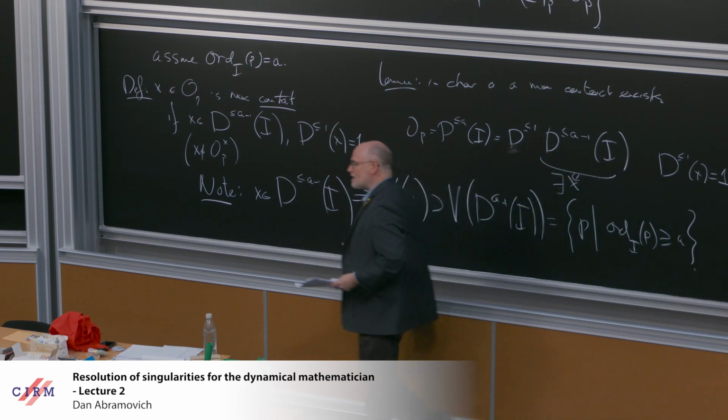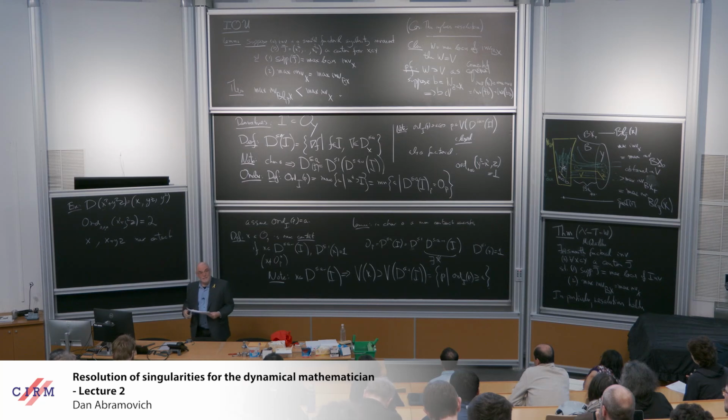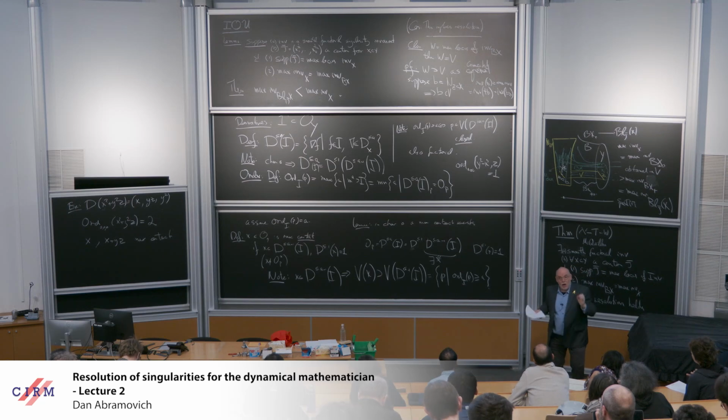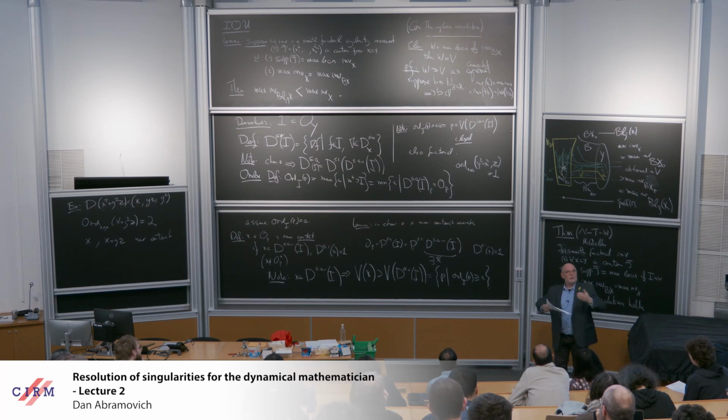Since maximal order is A, if you still think about order as a first approximation for a singularity invariant, a maximal contact element is a good candidate to work with inductively because it contains the worst locus of your ideal. It contains the locus where the order is at least A.